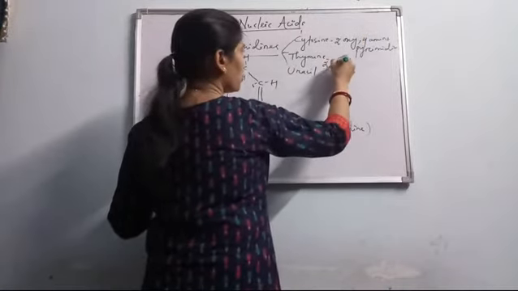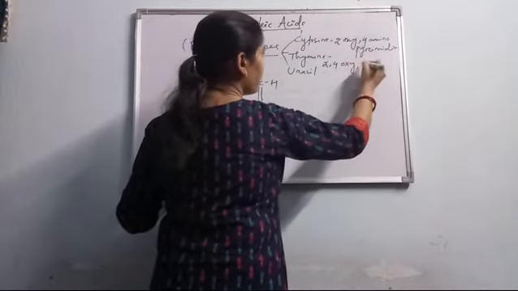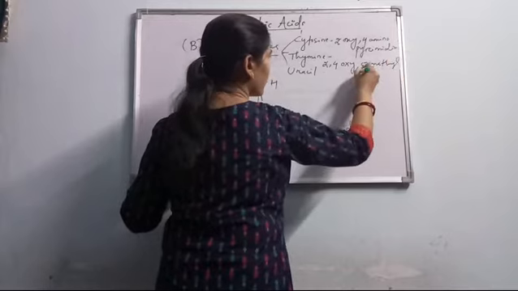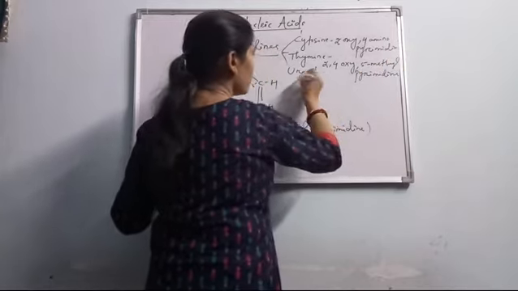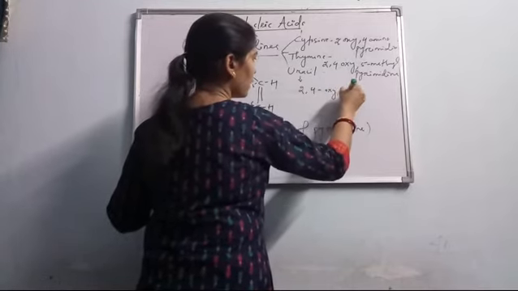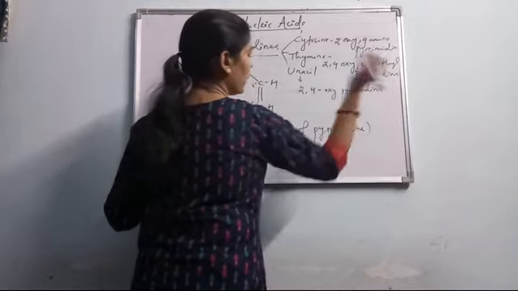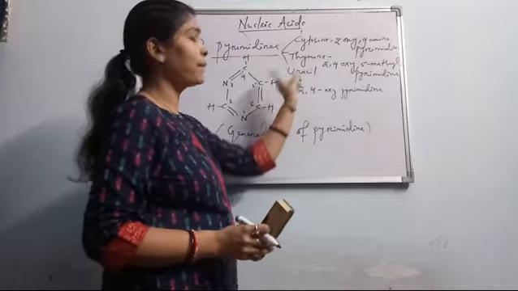Thymine is 2,4-oxy 5-methyl pyrimidine. And uracil is 2,4-oxy pyrimidine. One by one we'll change this general structure to see how cytosine, thymine and uracil are formed.